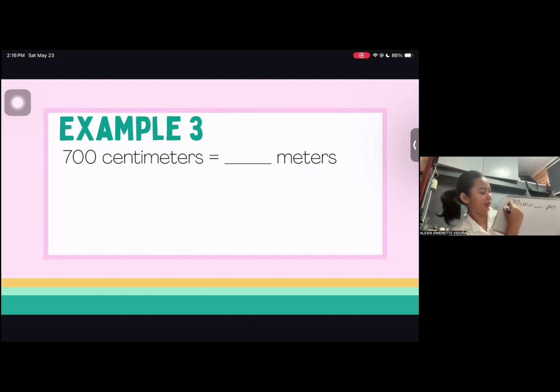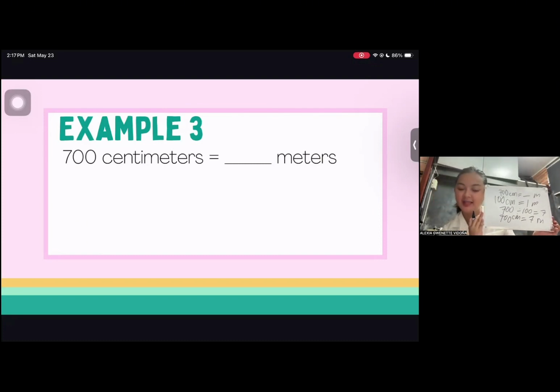Since 100 centimeters equals 1 meter, we divide. So, 700 divided by 100 is equal to 7, correct? So, therefore, 700 centimeters is equal to 7 meters.